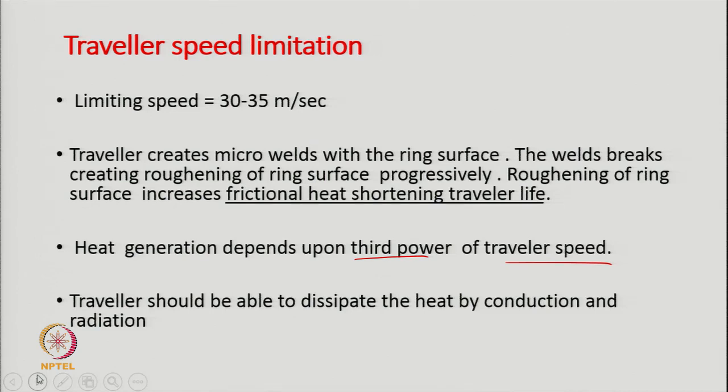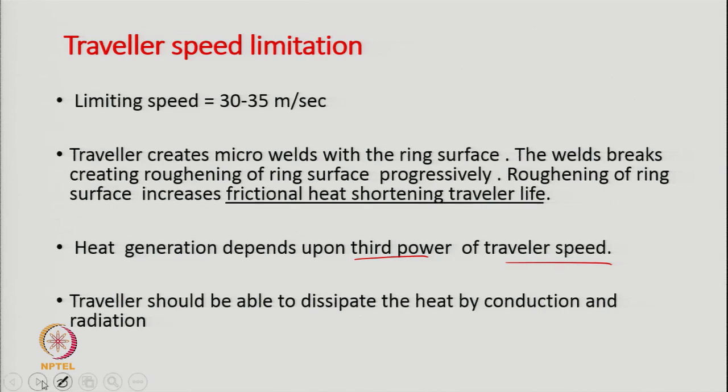Travelers are supposed to dissipate the heat, and the only mechanisms available for the traveler for heat transfer are conduction and radiation. Conduction is between ring and traveler, and radiation could be from the traveler to the air or to all the machine parts.